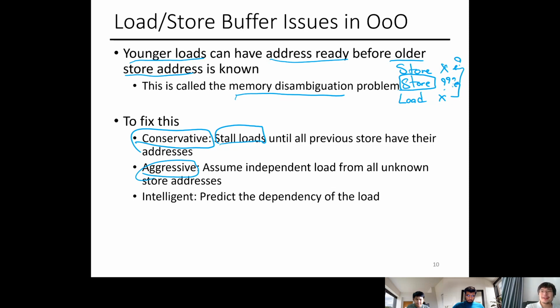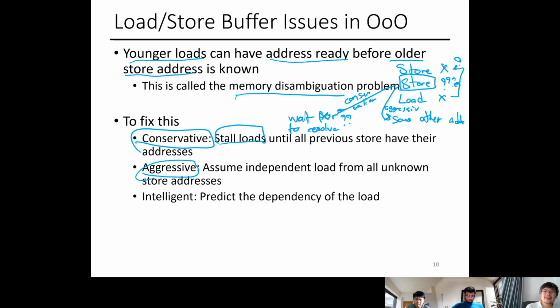Assume that this particular store is not related to X, some other address, right? So if you want to be aggressive, that is what you do, and if you want to be conservative, the store will be assumed to be going to X, because you're going to have to wait for the question mark thing to resolve.